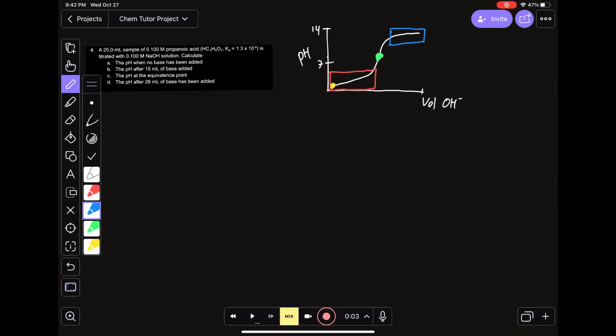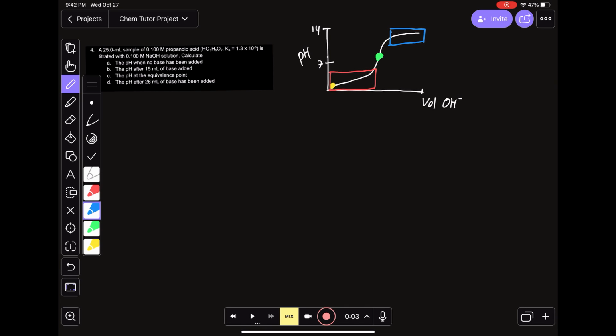So part A refers to the yellow dot, part B refers to the red box, and part C refers to the green dot, and part D refers to the blue box.